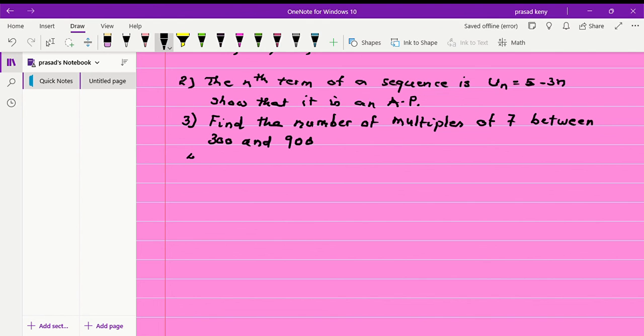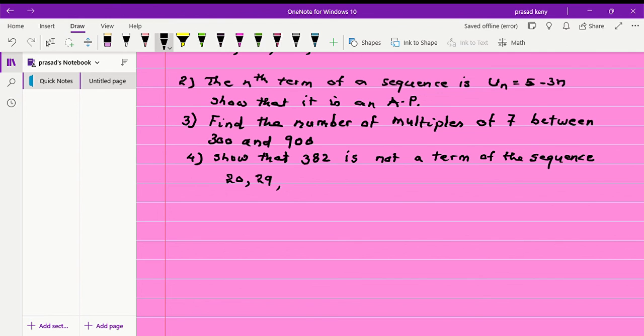And the fourth problem, show that 382 is not a term of the sequence 20, 29, 38.